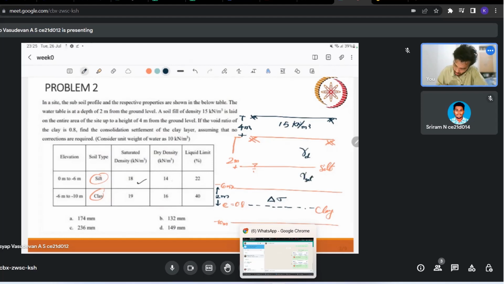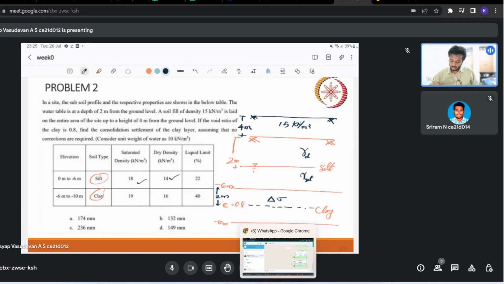Above the water table we can use the dry density. Below the water table we can use gamma sat. This gives the initial stress, and the change will be just because of the fill, which will be 15 into 4. So we have delta sigma.